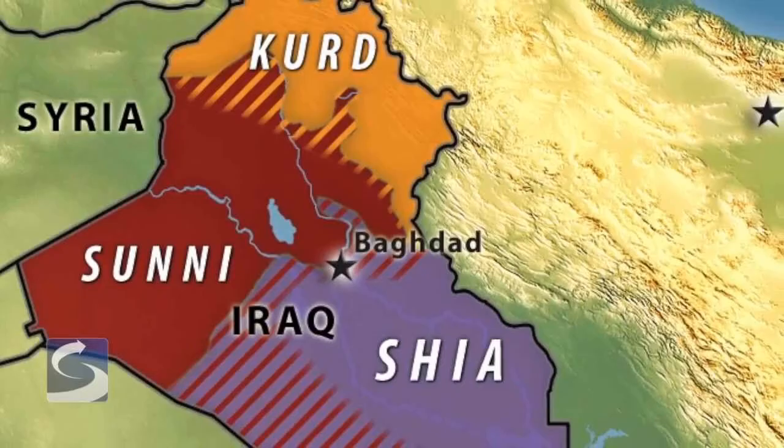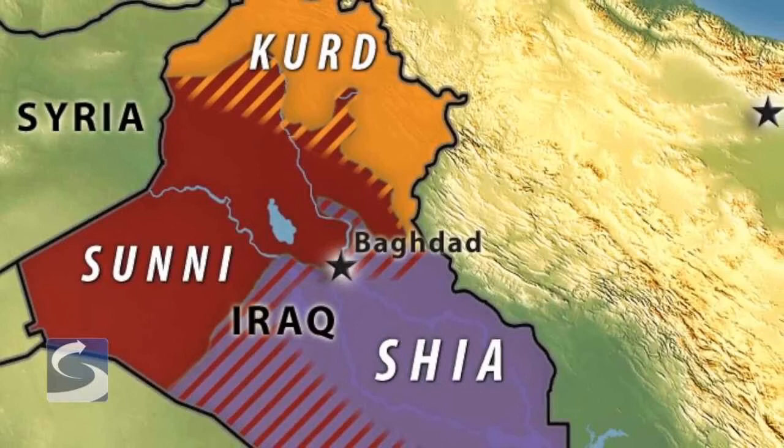If you look at Iraq today, there's basically three groups based on religious and ethnic divisions. You have a Sunni Muslim part of the population, and they're mostly in the southwest part of Iraq, close to Saudi Arabia, which is like the heartland of Sunni Islam.